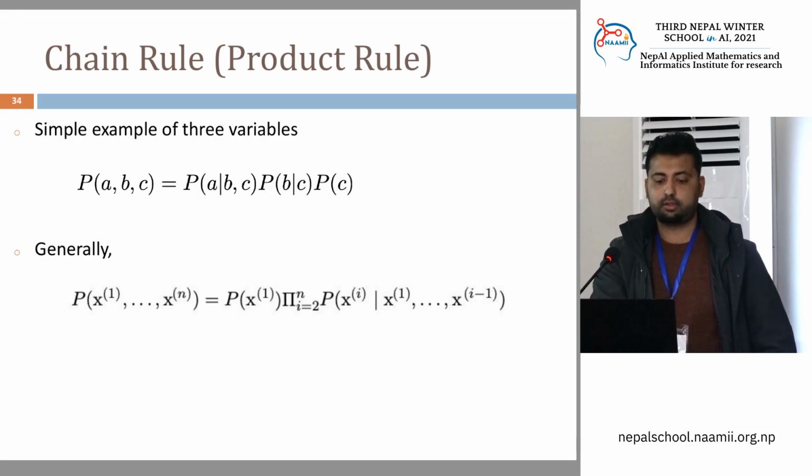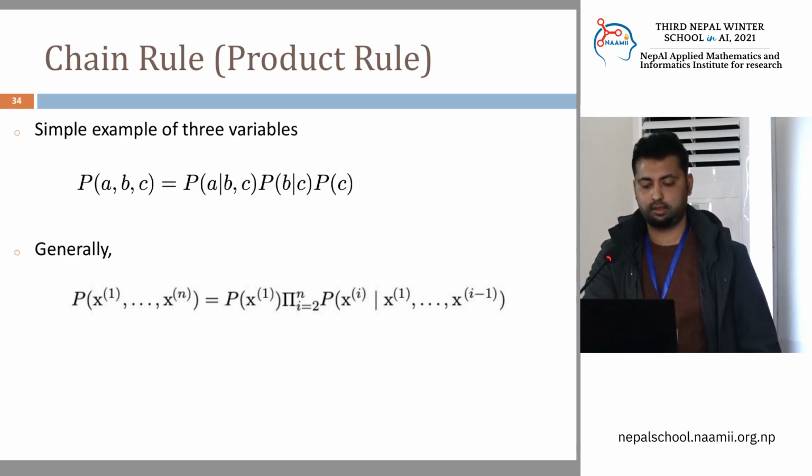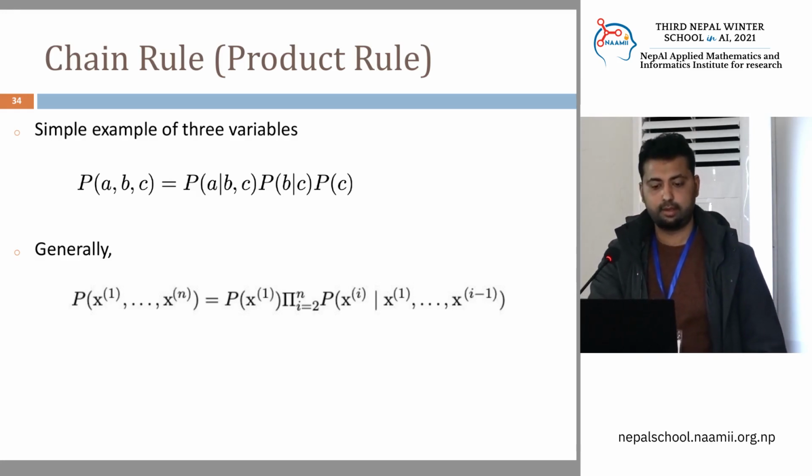Now I'm moving towards something called the chain rule, which is an important concept that will occur again in the Bayesian framework. It is one of the fundamental things, and it is pretty simple actually.